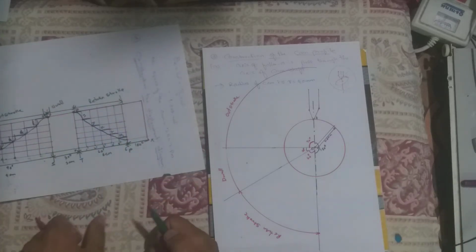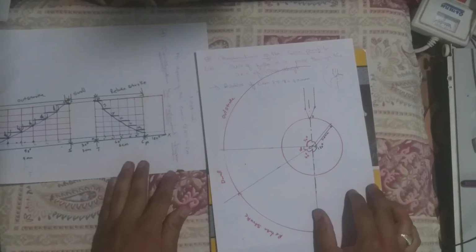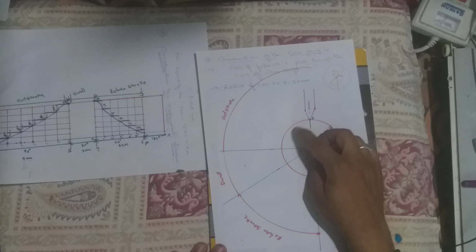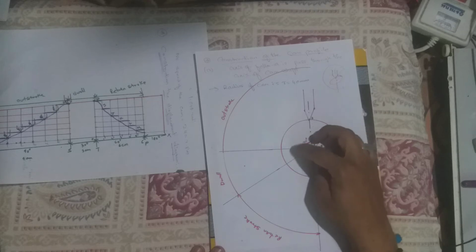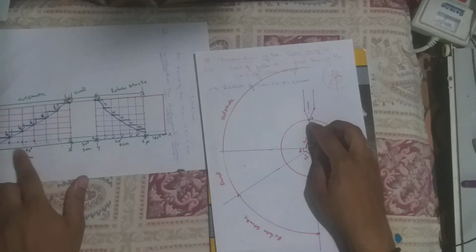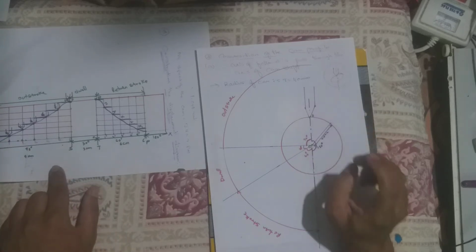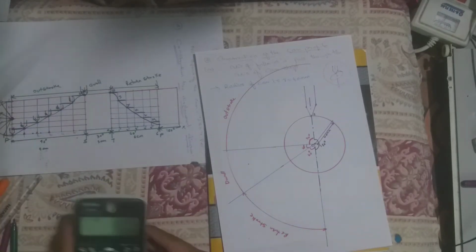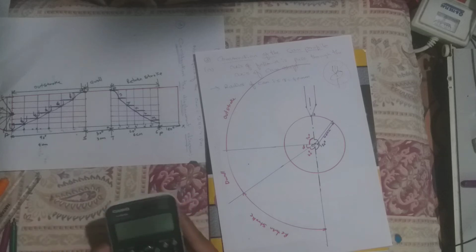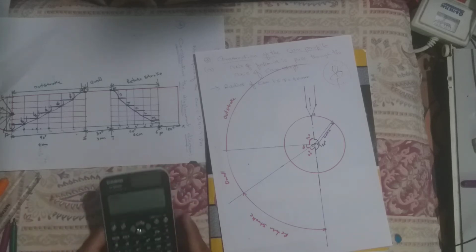Then after that we will draw the angular displacement. We have to divide this part into equal parts, like this we have to divide here. 90 degree, how many parts have we divided here? 6. So 90 divided by 6 means 15 degree.